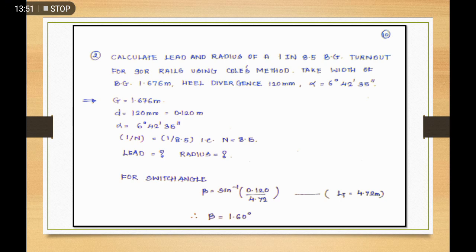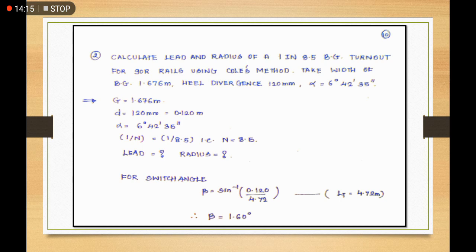Again here the lead of crossing and radius of turnout is asked. The given data is somewhat similar. Here alpha is given directly, 6 degree 42 minutes 35 seconds, as well as the value of n in terms of slope, that is 1 in 8.5. So that is nothing but the ratio of 1 upon n.